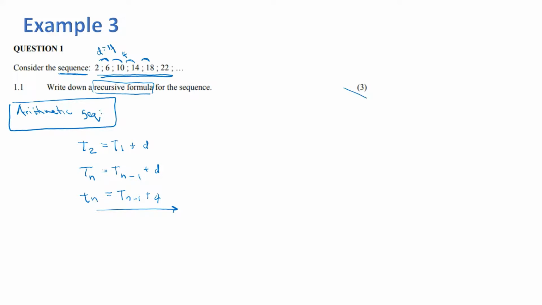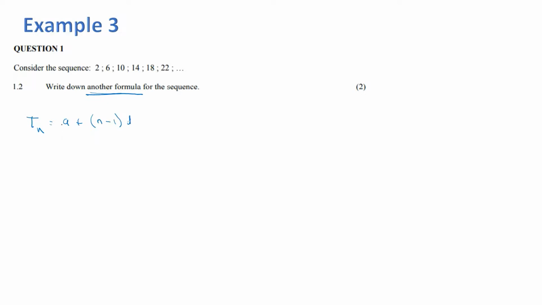3 marks, super easy. The other formula is what I was talking about earlier: we know what the generic formula for an arithmetic sequence is. We know that it looks like this, and again, this is given at the back of your question sheet.